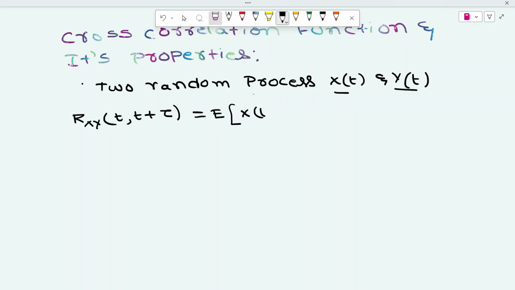which is similar to expectation of x of t into y of t plus tau. Similar to autocorrelation function, we have wide sense stationarity.